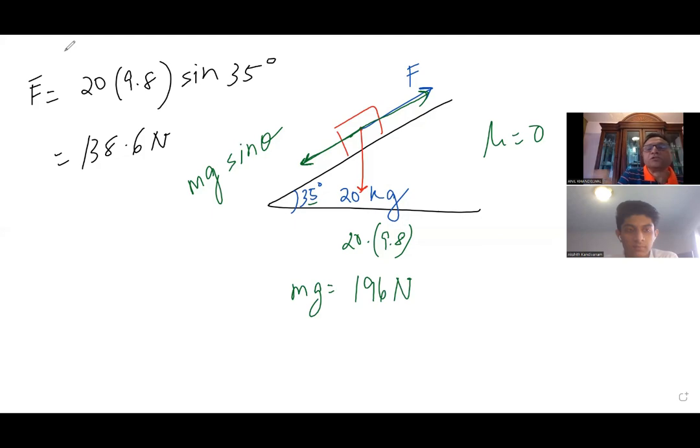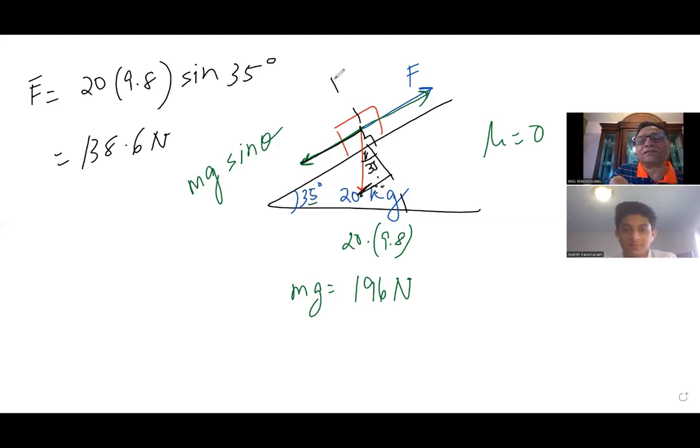Is that clear to you? Yes, sir. So that is the force which will keep it from moving downwards, right? So basically you resolve this into the x component, right? So this angle is also 35 degrees, correct? Draw this normal here. And you see this force is parallel to this force, so it is opposite to this. So it's a sine component, right?